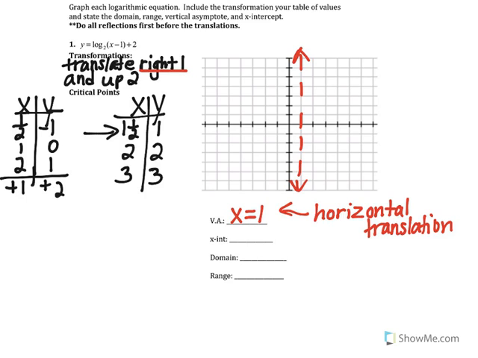We're going to plot the 3 points. So 1.5, 1, 2, 2, and 3, 3. Connect them and label.